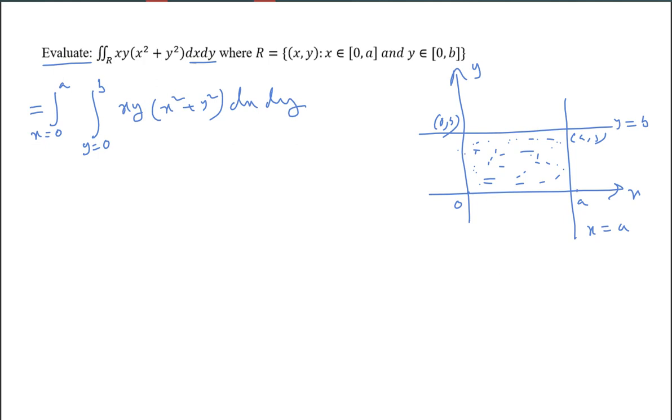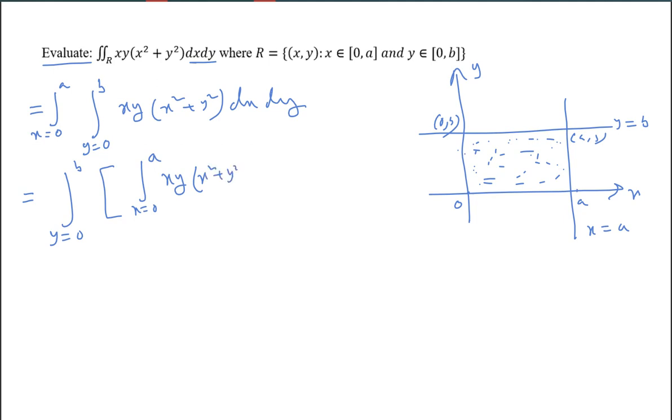Now suppose first you would like to integrate with respect to x. You can integrate either first with respect to x or first with respect to y, no problem. So I am writing the repeated integral: y equal to 0 to b, then x equal to 0 to a, of xy times x squared plus y squared, dx, then dy.